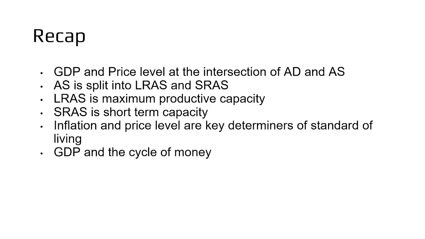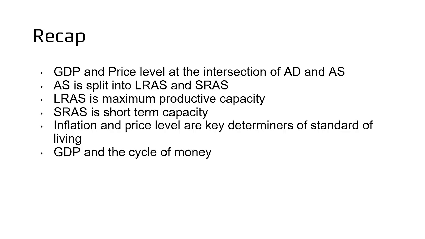So at the end of this lesson, to recap, gross domestic product and price level are the fundamental measures of an economy's size and affordability and prosperity and kind of standard of living within an economy. And these are found at the intersection of aggregate demand and aggregate supply.